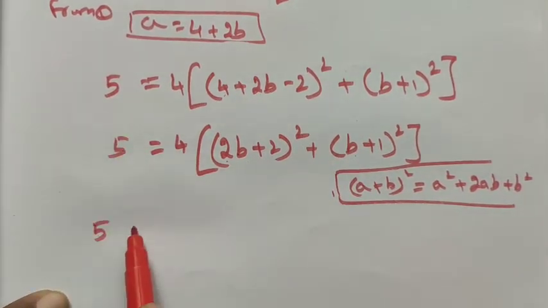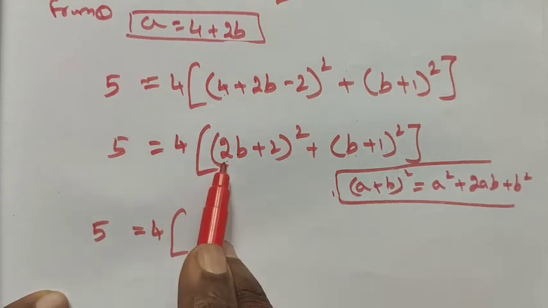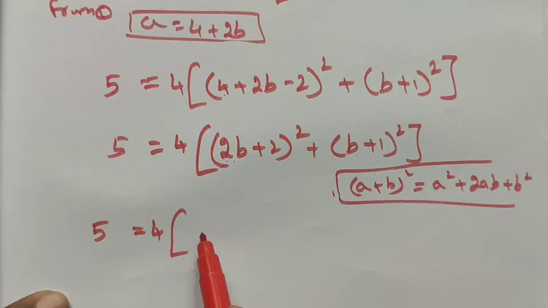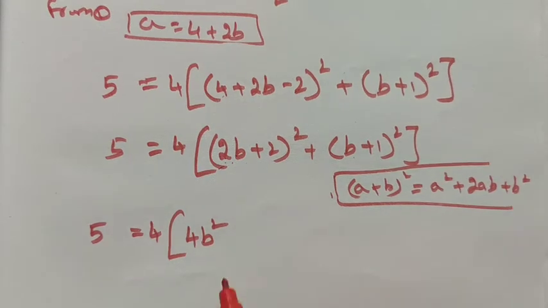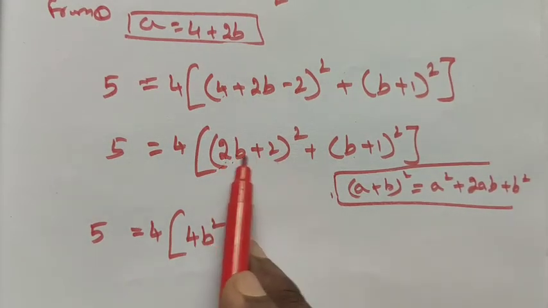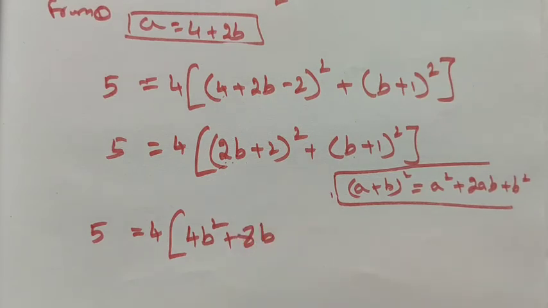5 is equal to 4 into, here a square means (2b) whole square. (2b) whole square is nothing but 2 square is 4, b square, right? And plus 2 into a into b. 2 2s are 4, 4 2s are 8, 8b plus b square is 2 square, 4.